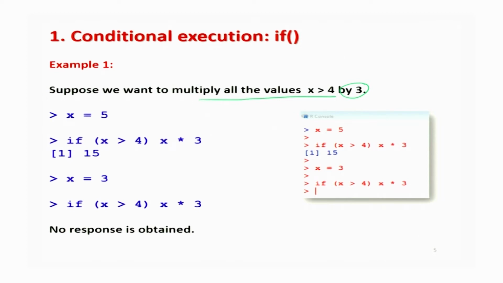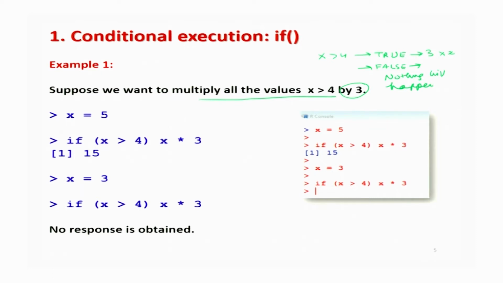If the number you have entered is greater than 4, and this is found to be true, then the number is going to be multiplied by 3, and if this is false, the input number is not greater than 4, then nothing will happen.